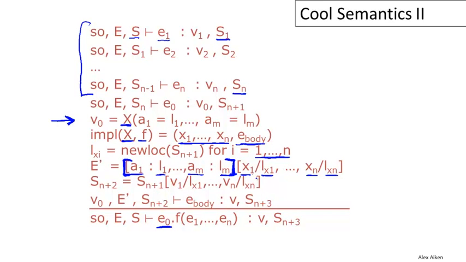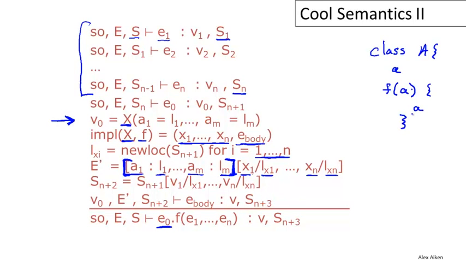Well, the thing is that a method may have a formal parameter that is the same as an attribute name. So for example, I could have a class A that has an attribute little a in it, and it also has a method f that takes a formal parameter named a. Of course, I'm leaving out types and lots of other things here. So here I have an attribute named a that's declared, and then I have a method that takes an argument called a.